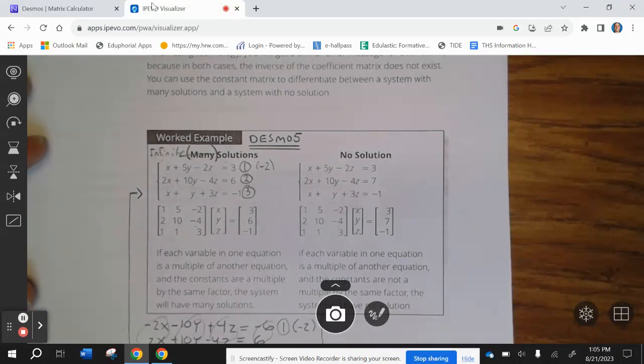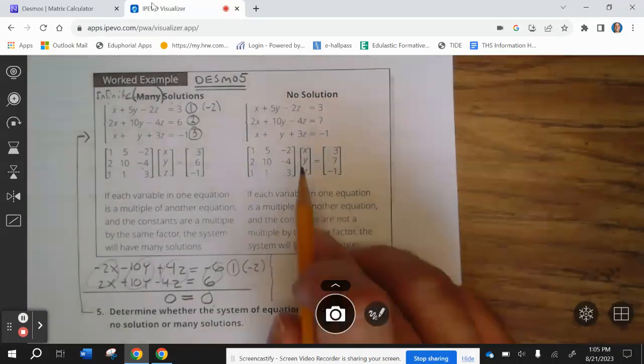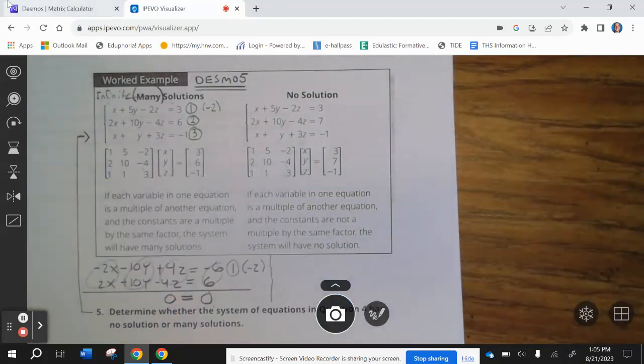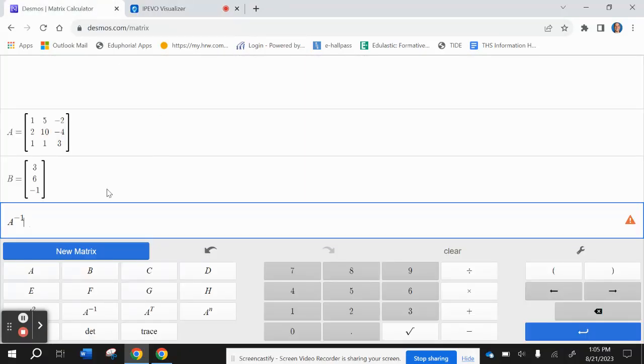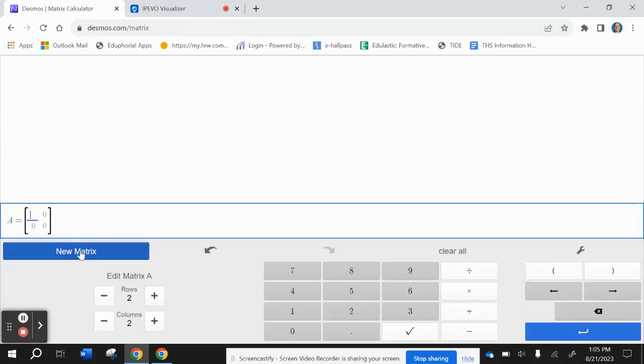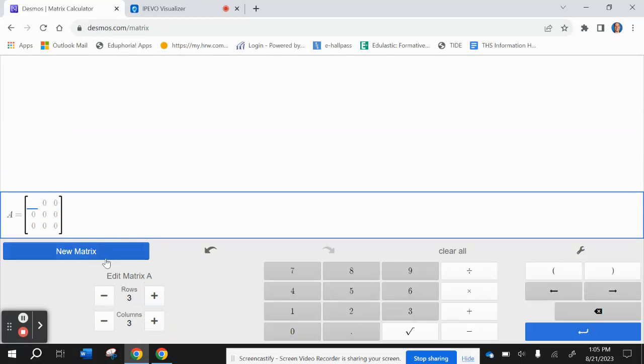All right. Let's take a look at no solution. So let's try with our matrix. New matrix, 3 by 3.